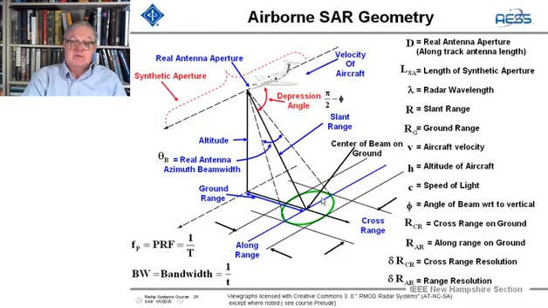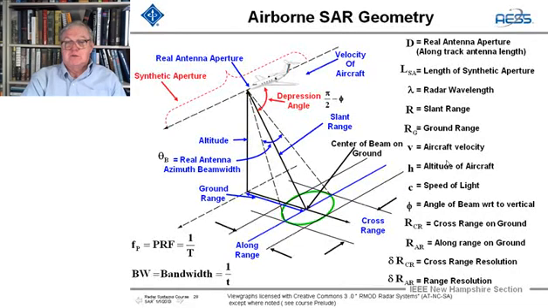But this is the cross range of the entire beam. We're going to get much better resolution in the cross range when we process the data with synthetic aperture. This will be the ground range to the target, the real antenna beam width, the altitude, slant range, and depression angle, which is pi over 2 minus the angle of the beam with respect to the vertical.